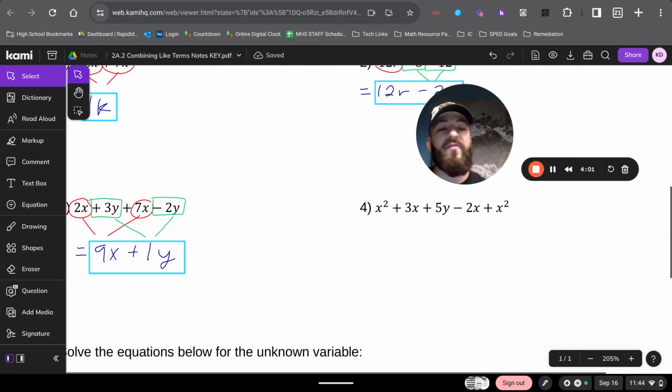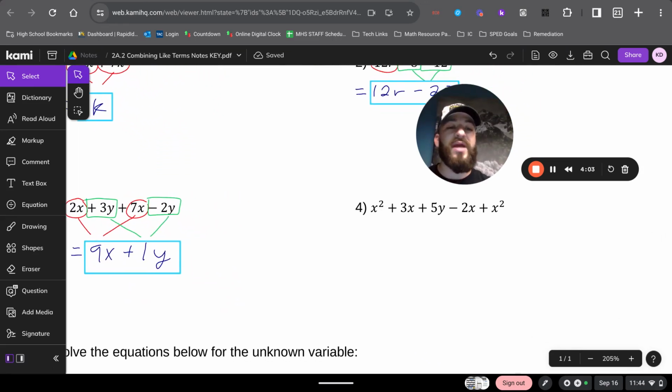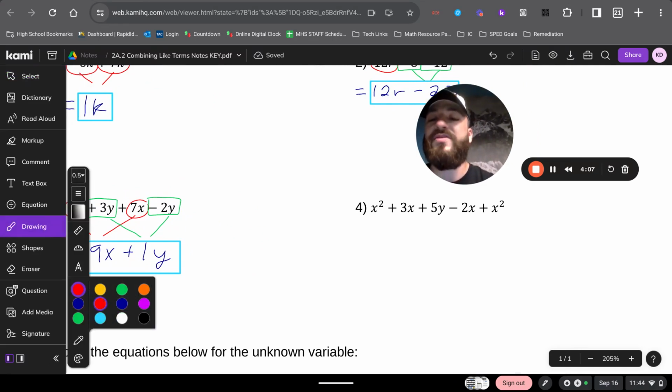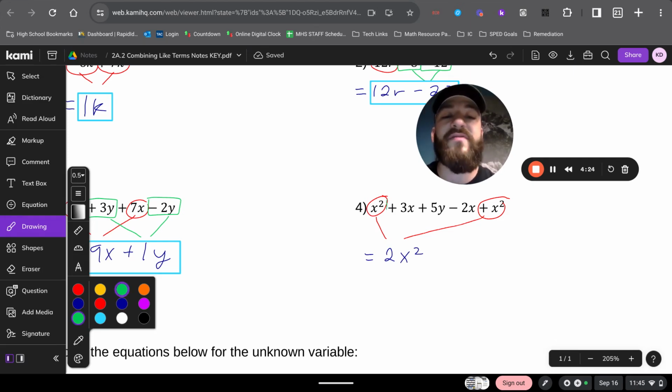So looking at number 4, we have x squared plus 3x plus 5y minus 2x plus x squared. First and foremost, that x squared. Do I have anything else that's like that? I do, this other positive x squared. So positive x squared and positive x squared would give us 2x squared. Next up, I have that positive 3x. Do I have anything else like positive 3x?